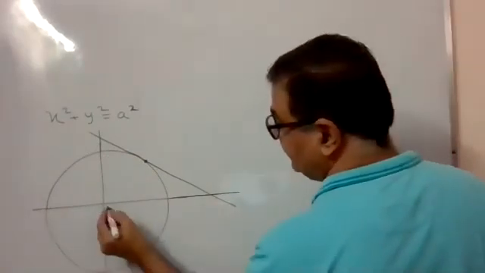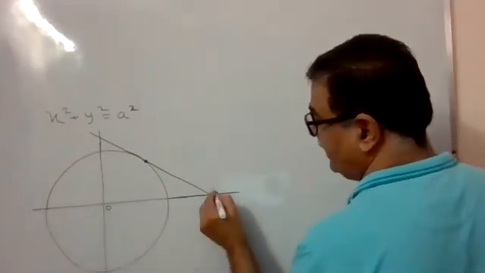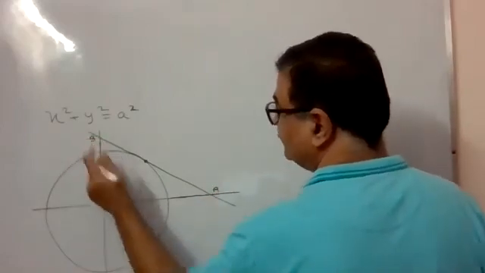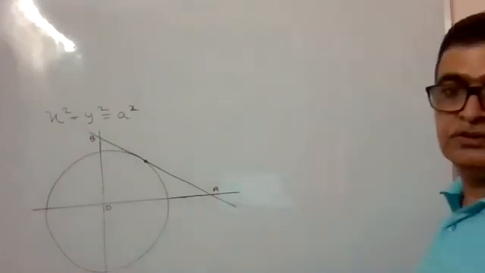That tangent makes intercepts in the first quadrant as OA and OB. These are the intercept lengths we have.